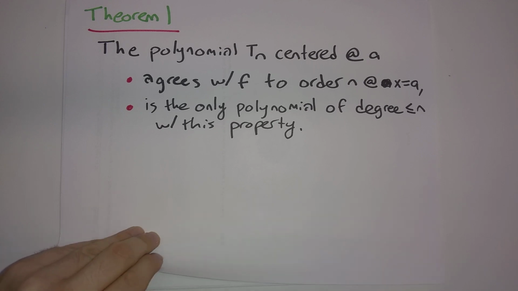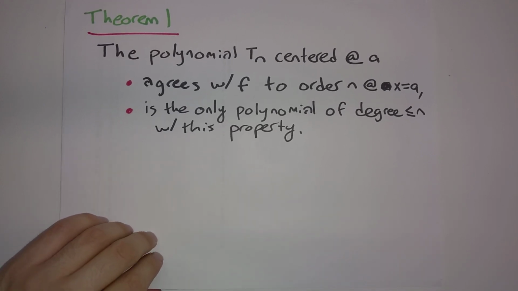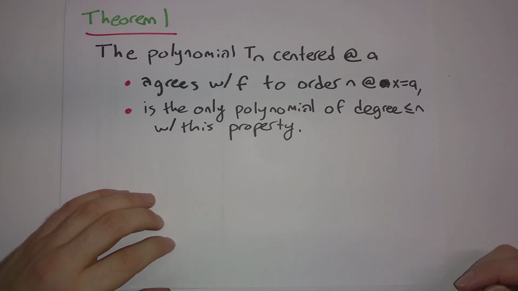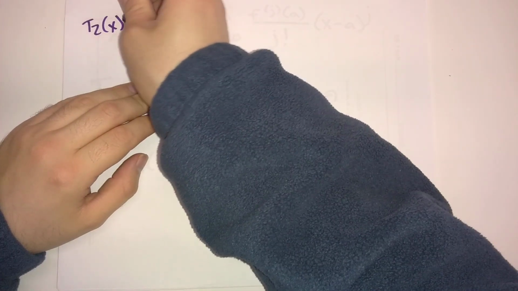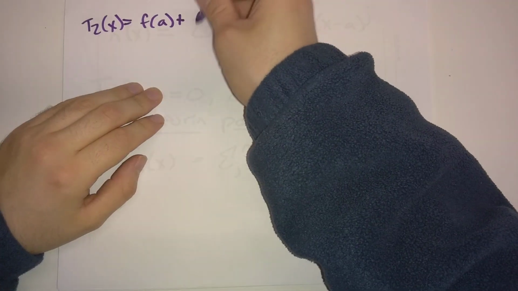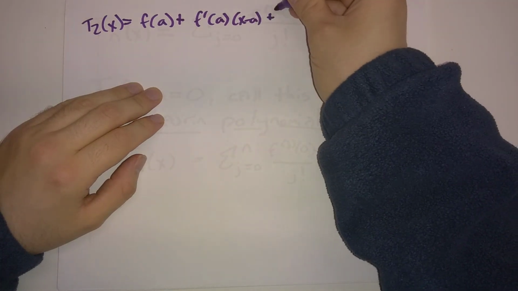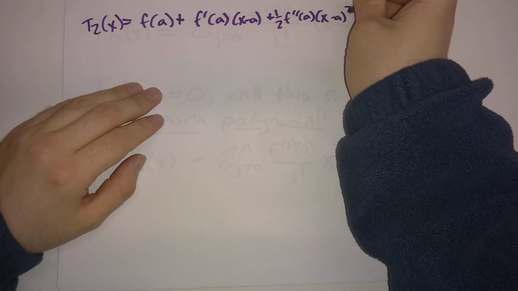So we're not going to fully prove this. However, it is worth noting that if we write out T sub 2 of x, it's not too hard to see that, yes, it does have this property. So T2 of x, once again, is f of a plus f prime of a times x minus a plus 1/2 f double prime of a times x minus a squared.